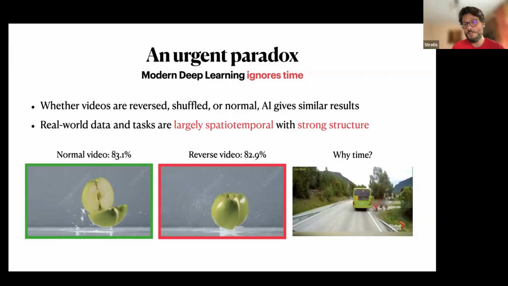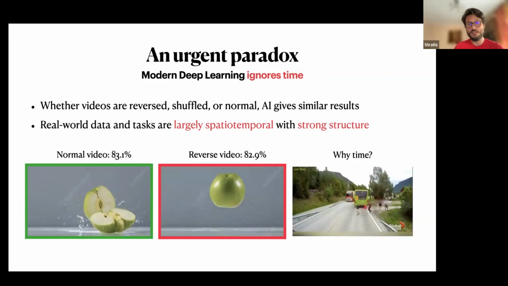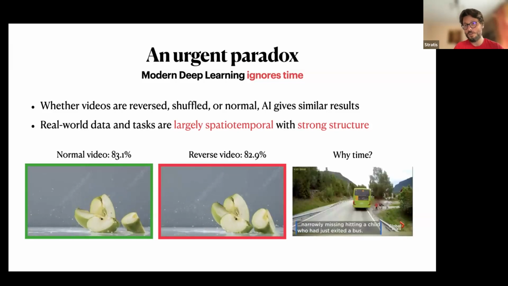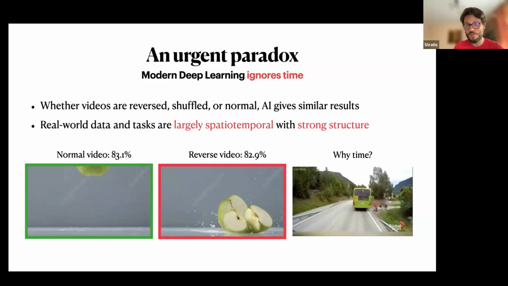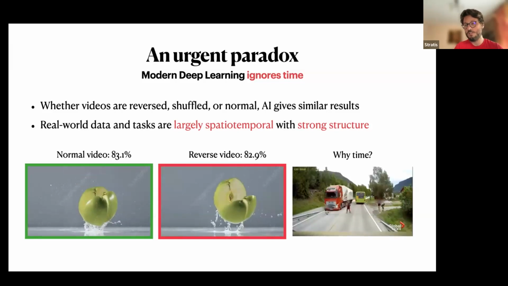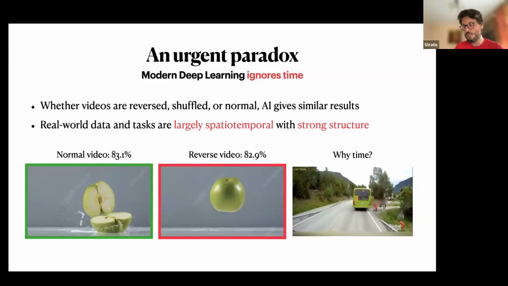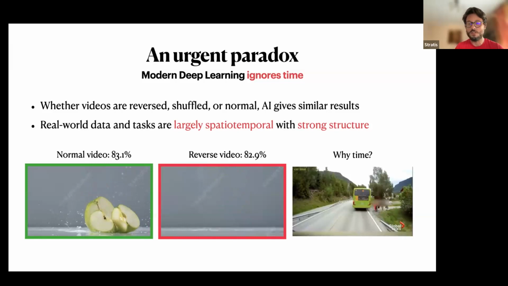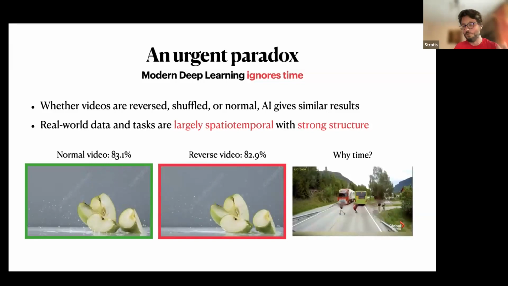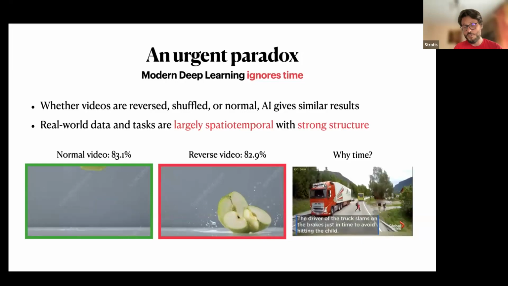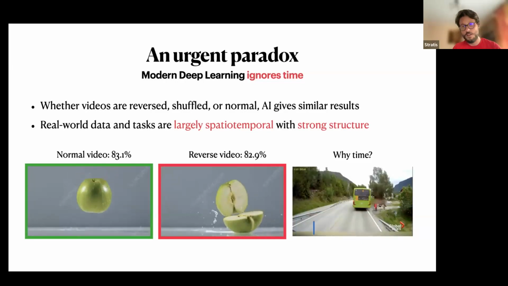And what is very important, in my opinion, is that real-world data, especially in sciences, and real-world tasks are largely spatio-temporal with a very strong temporal structure. So it's very important to be able to address temporal tasks because they're basically all around us. And without it, we cannot do prevention, we cannot anticipate, we cannot extrapolate.